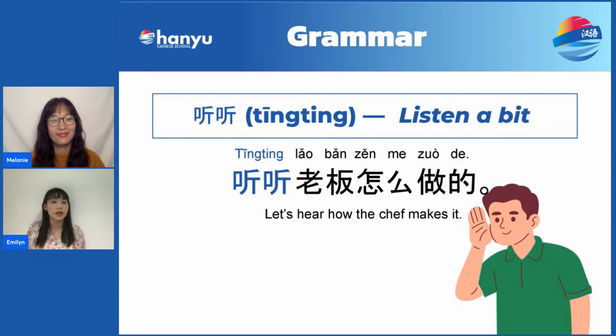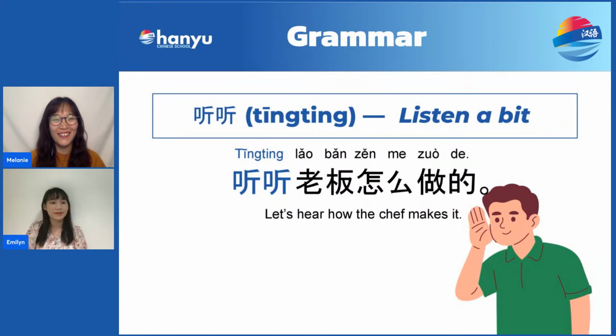And if we change 听听 to 看看, like we learned before, 看看老板怎么做的 also makes sense. It means let's go take a look, let's go check out how the chef makes it. So both ways, 听听 or 看看, can sometimes be used interchangeably.